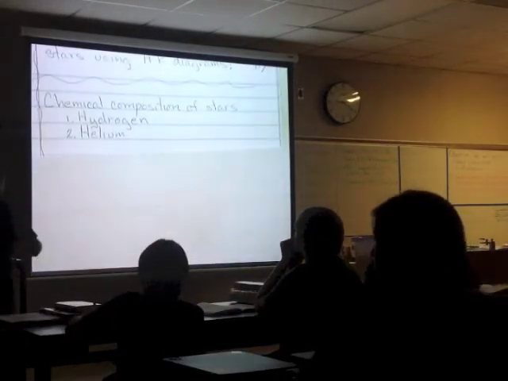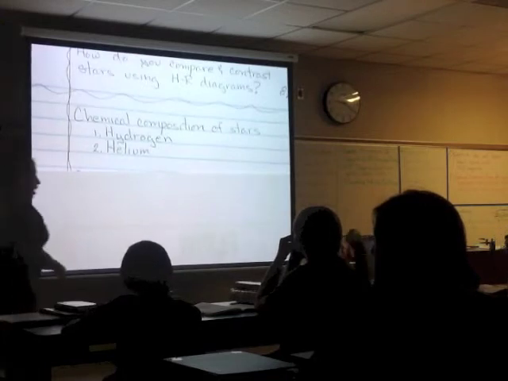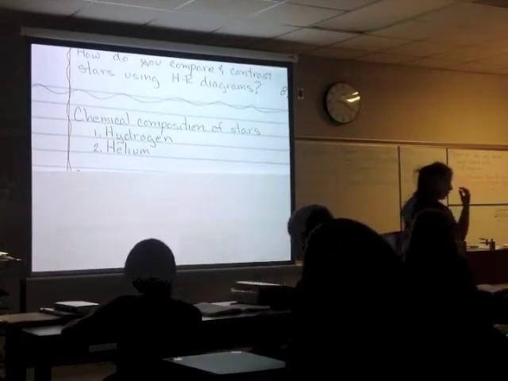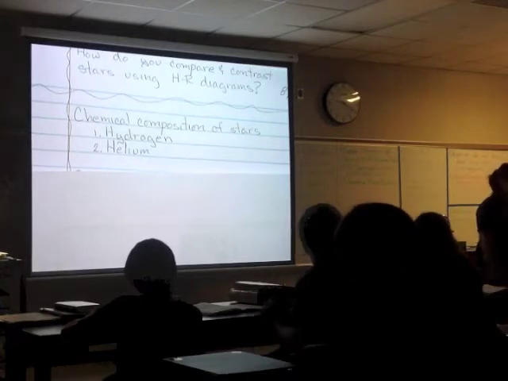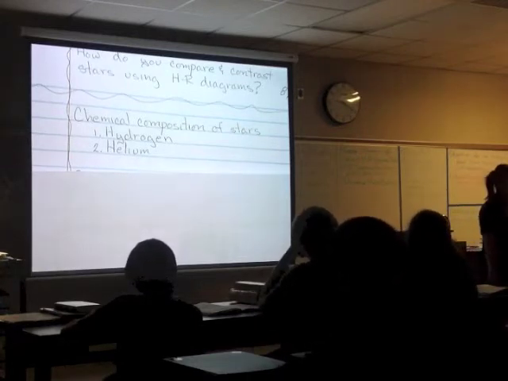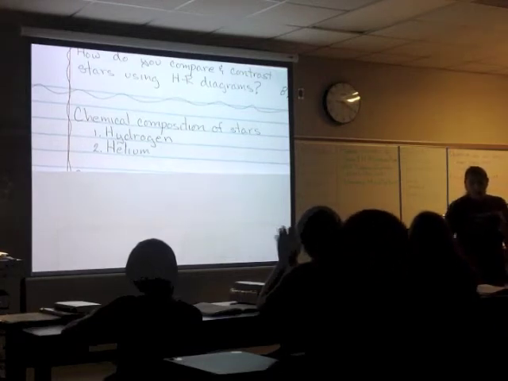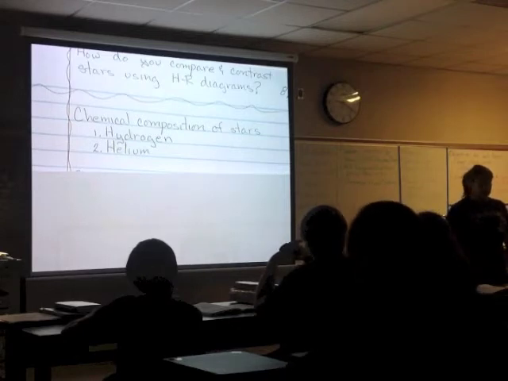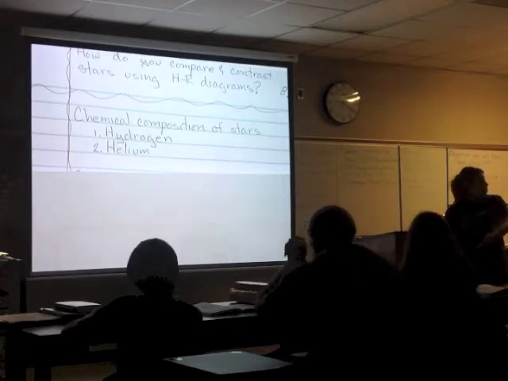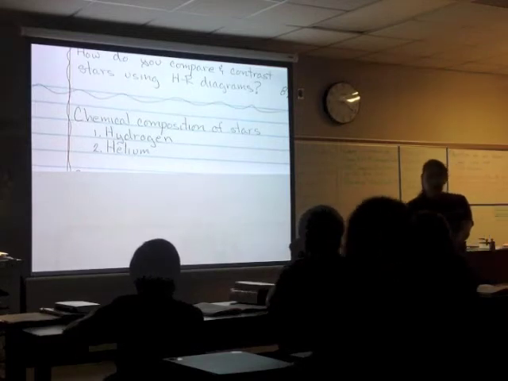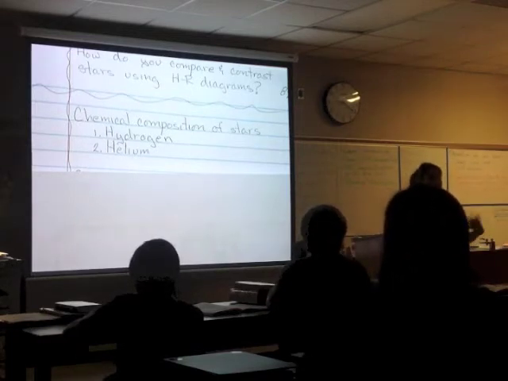Alright, so when we're looking at stars, basically we're looking at hydrogen and helium. So remember that when we look at the periodic table, there are several things that we have to remember about it. Hydrogen and helium, you need to remember that they're the primary elements in stars. Okay, so remember CHOPS? Those are elements in what?